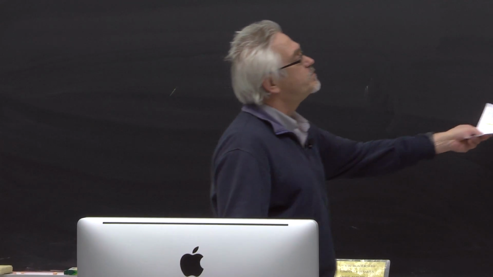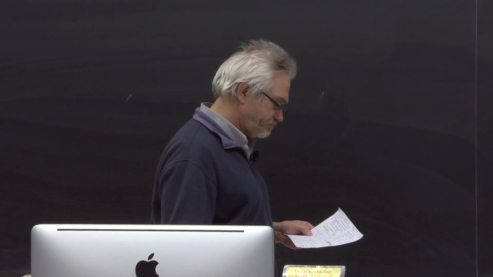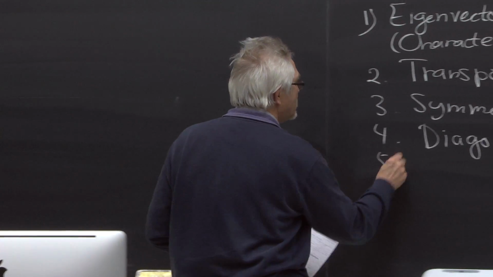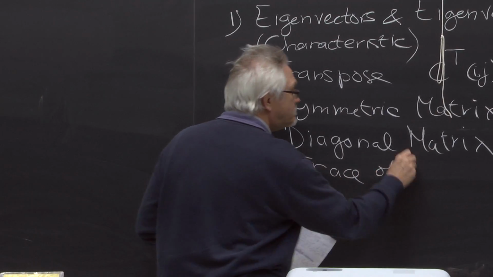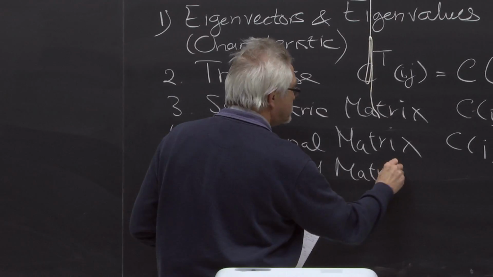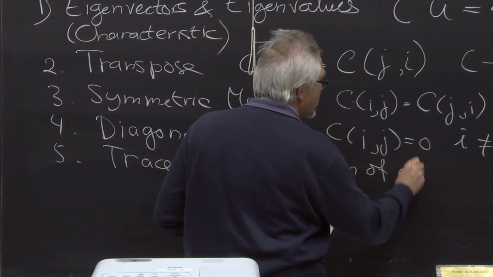All the other ones are zero. And that also plays an important role with principal component analysis. Another one related to that is the trace of a matrix. That's the sum of the diagonal elements.